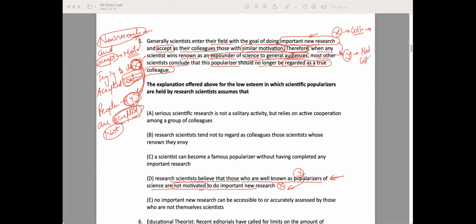That is the argument out and out, first of all. Yes. So we are making a distinction that X and Y are totally opposite things, right? Yes. Because we have to limit ourselves to what is discussed in the argument. We can't think anything outside that, right? People who are doing X are accepted as colleagues. People who are doing Y are not accepted, and we are putting a therefore. That means X and Y must be totally opposite. I mean, whosoever are in Y are not in X.